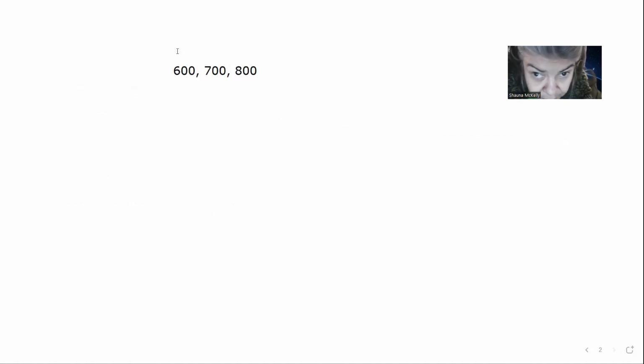We just cross out the lowest, cross out the highest, and bang, there's our middle number, there's our median. Whenever the list has an odd number of elements, this has 3 elements, it's always the middle number.